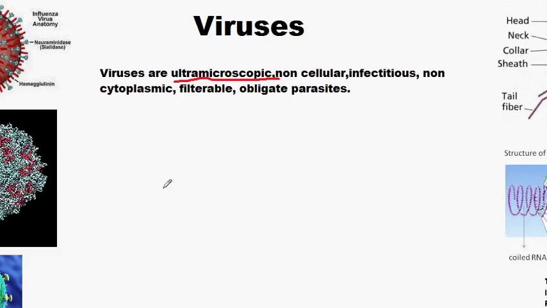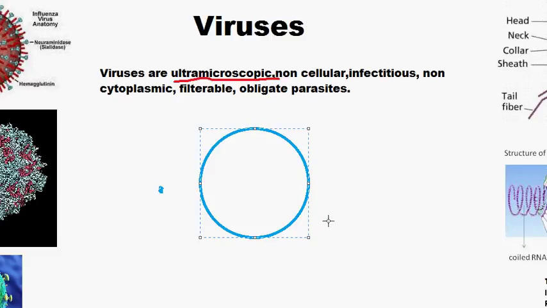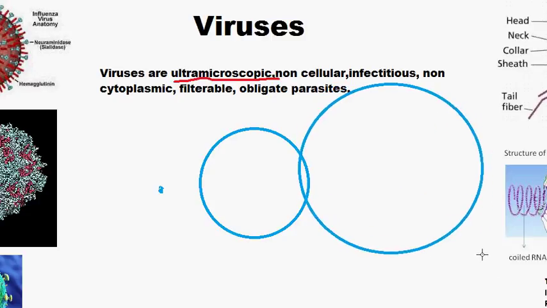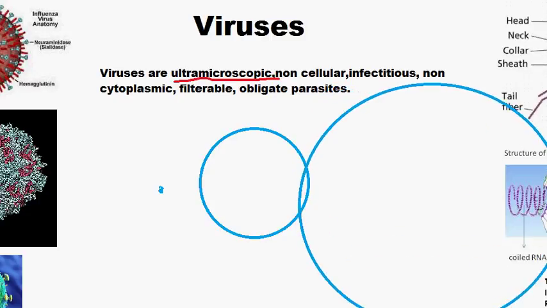If this is a virus, if this much big a virus is, then a bacteria, which is very small as you know till now, is this much big. That is the comparison. And then a eukaryotic cell will be more than this, huge, very big.